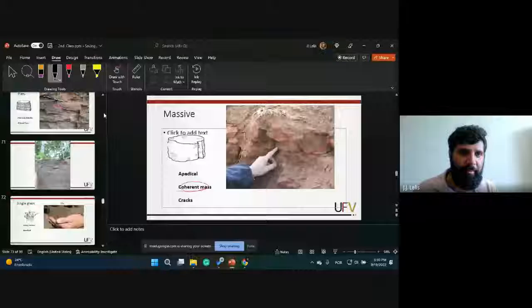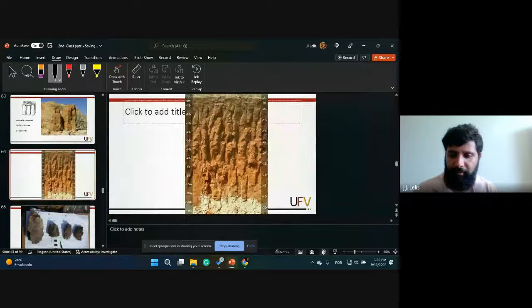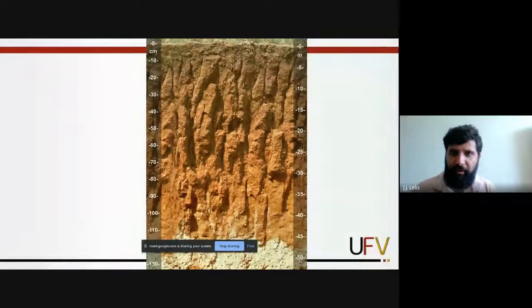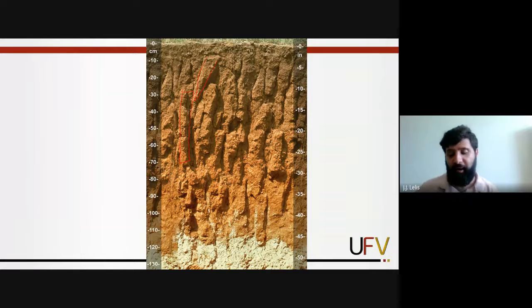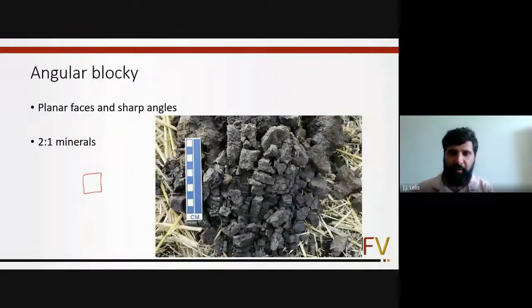Oh, in this picture, like here, you can see a wedge structure and prismatic structure in the same horizon. Here, you can see a prismatic shape and an angular block shape in the same horizon.